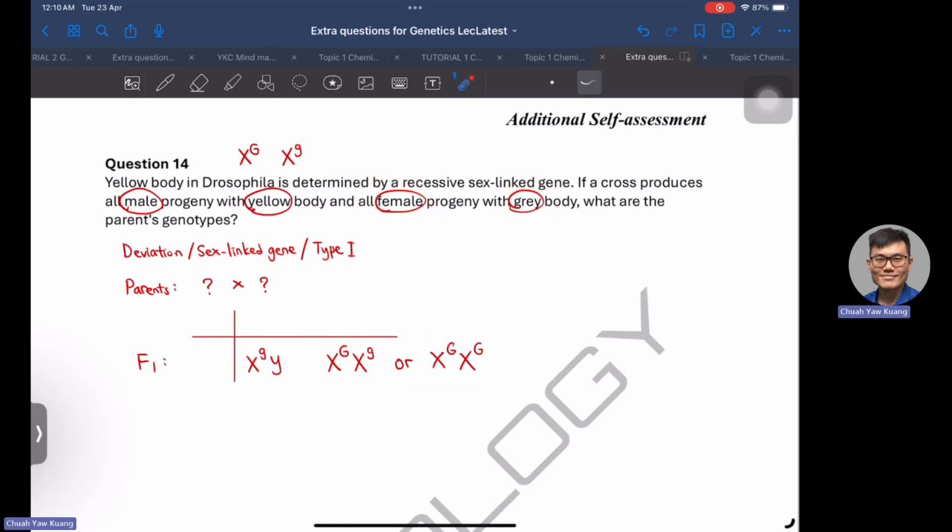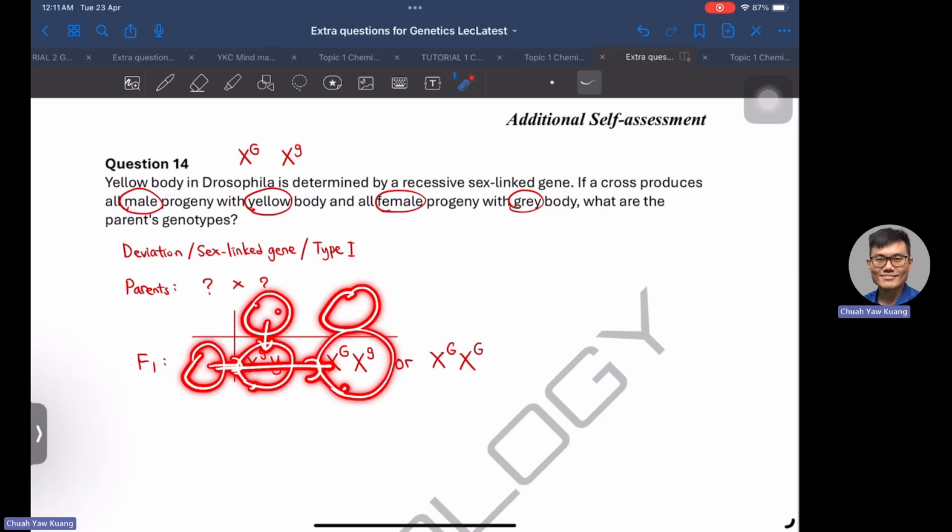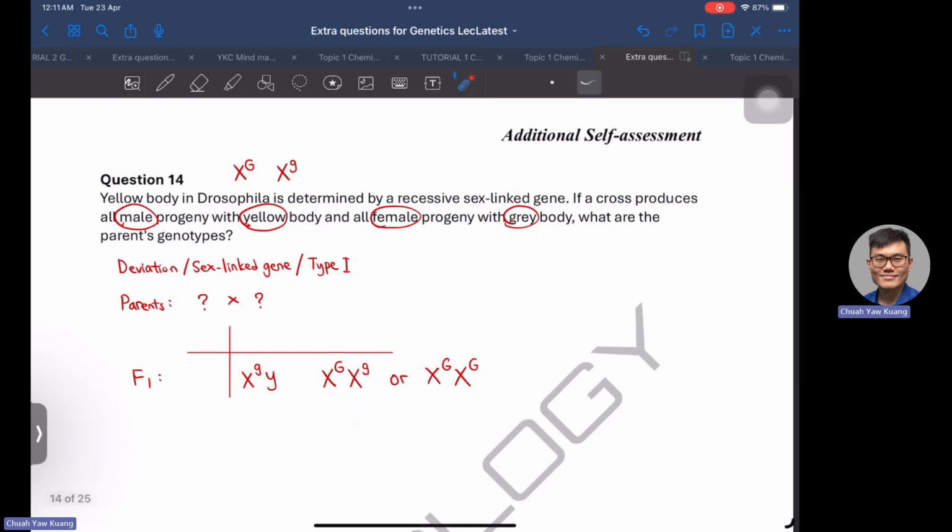In order to find the gamete, when this one crosses with this one, it will produce this genotype, and when this one crosses with this one, it will produce that genotype. Now we move to the male first, because male is confirmed and female is not confirmed yet.